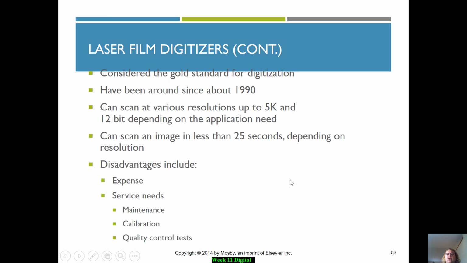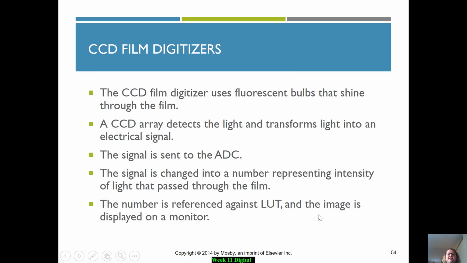This was a great way in the 90s and early 2000s. It saved the hospitals a lot of money by scanning all of their images in. The problem is, it can be very expensive long term, and there's a lot of maintenance, calibration, and quality control tests that need to be done. Those fluorescent bulbs need to be at full capacity, otherwise it doesn't read those images correctly.